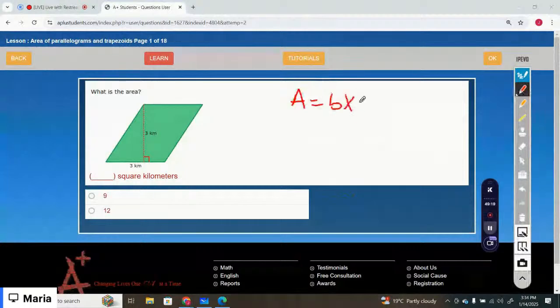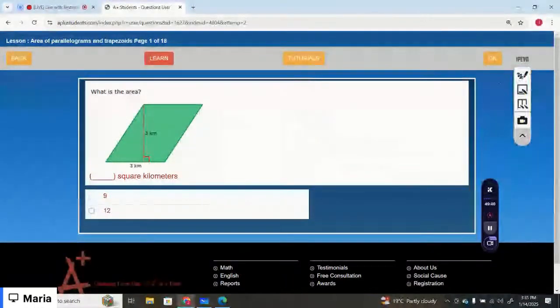That is base times height. That is 3 times 3. The correct option is 9. Option number 1 is the correct option. That is 3 times 3 equals 9.